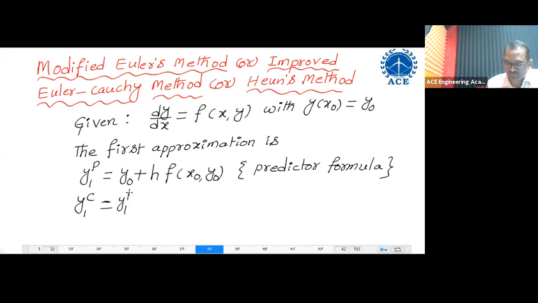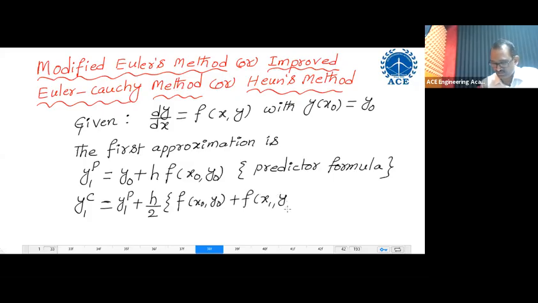This is y1 power c is equal to y naught plus h by 2 into f of x naught comma y naught plus f of x1 comma y1 power p. y1 power c, c means corrector.